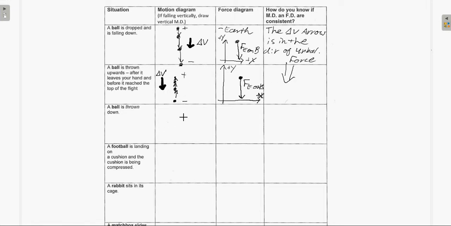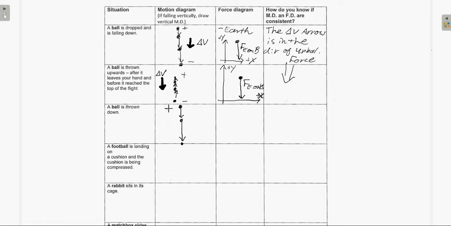A ball is thrown down, so the difference here is that rather than starting from a stop, the ball will be starting from a faster initial velocity. So we can do something like that. Doesn't really fit in the box, but you get the idea.